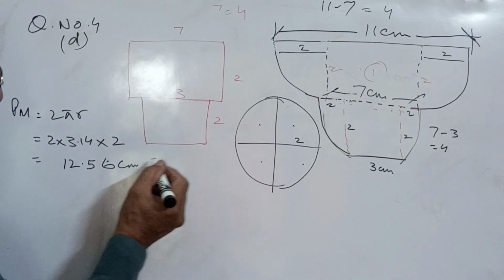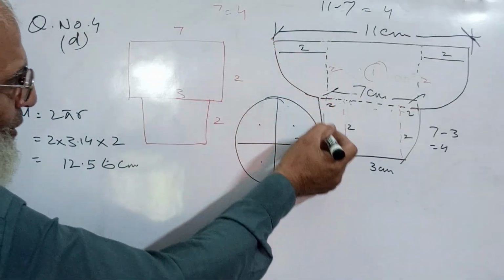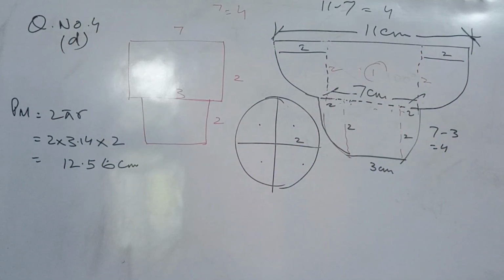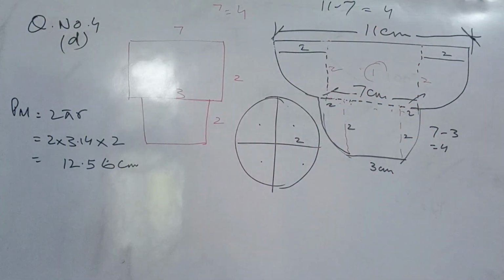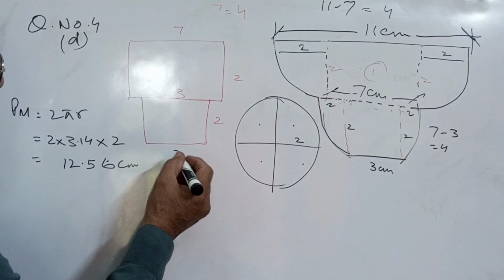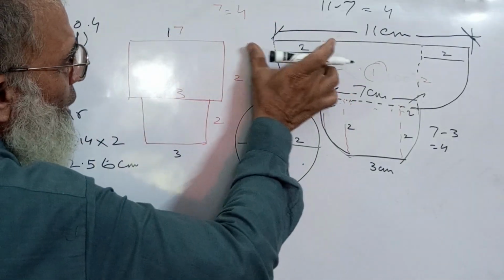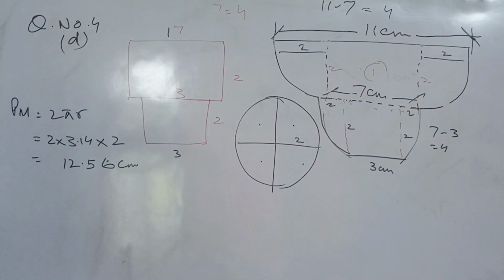Now 12.56 centimeter is the circular path only, from here to here and from here to here. Now adding 2 more dimensions to it. It is 3 and 11. This is 3 and this is 11. The whole is 11. From here to here, it will be included in the perimeter.